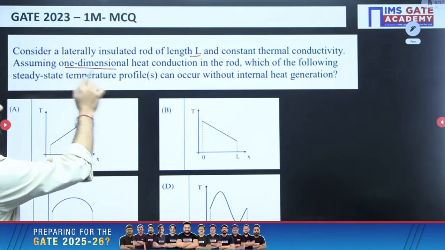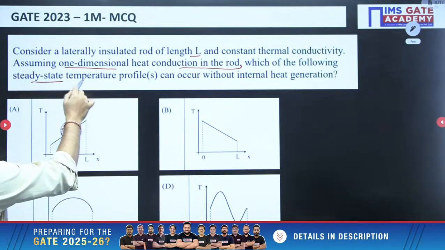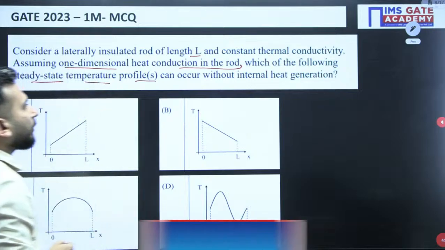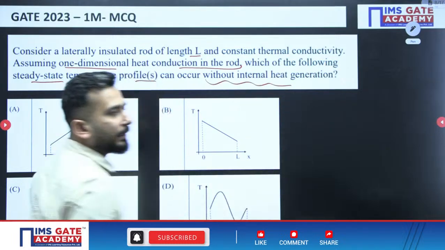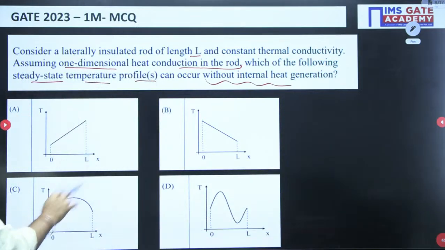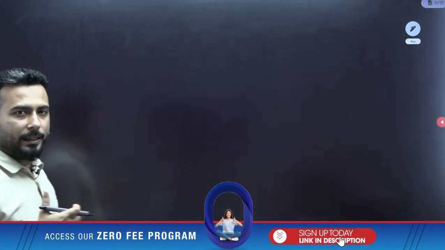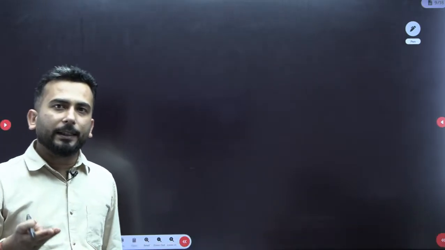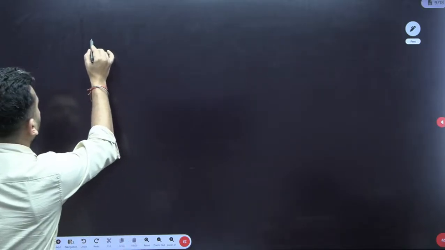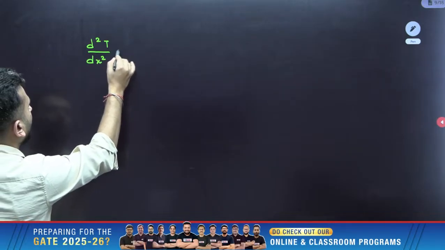Assuming one-dimensional heat conduction in the rod, which one of the following steady-state temperature profiles can occur without the internal heat generation? So he is saying not to consider the internal heat generation. Four figures are there in front of you. So let us see. One dimensional steady state without heat generation, so I will straight away take the differential equation d2T by dx square equal to 0.